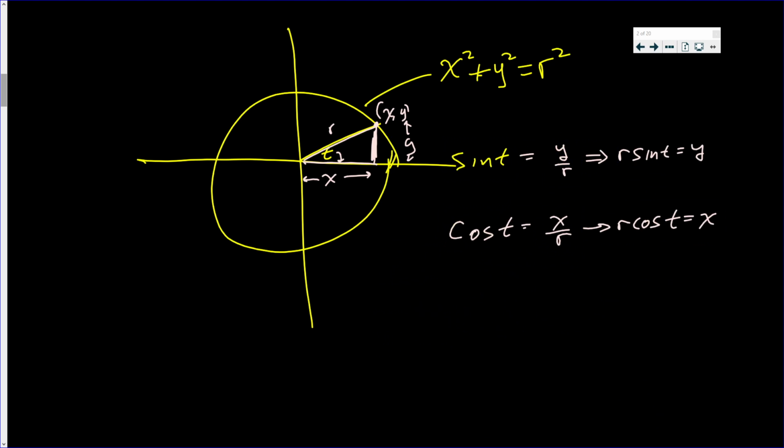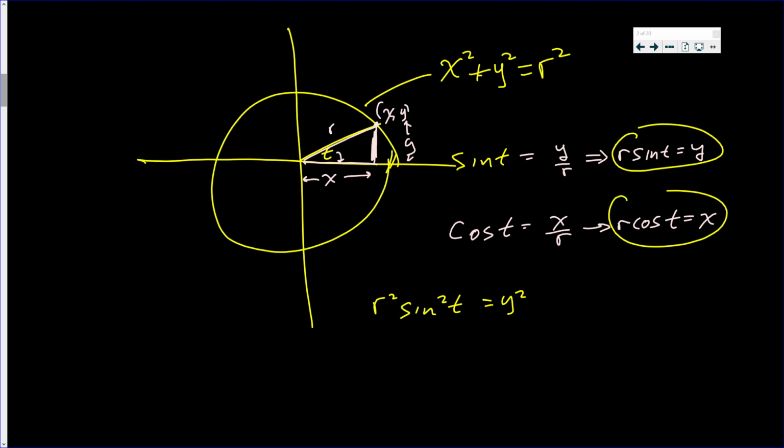Now, what happens if we square both sides of both equations? The first equation we'll get r squared sine squared t equals y squared. And on the second equation, I get r squared cosine squared t is equal to x squared.